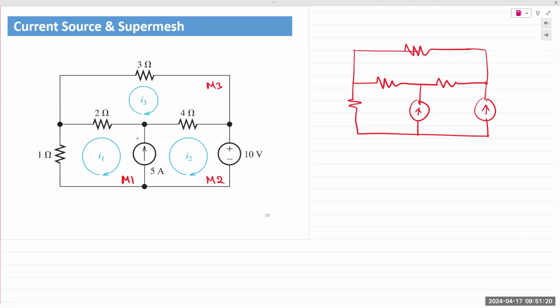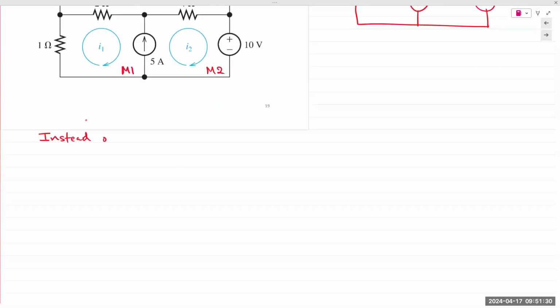All we are doing is, instead of applying KVL to individual meshes, you combine both the meshes together, and you apply KVL in the outer loop, ignoring the current source.